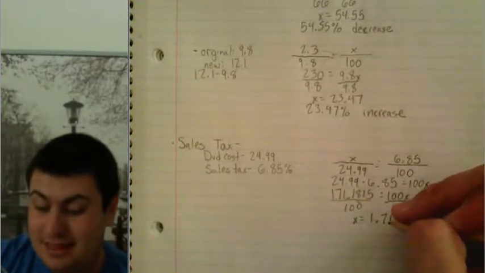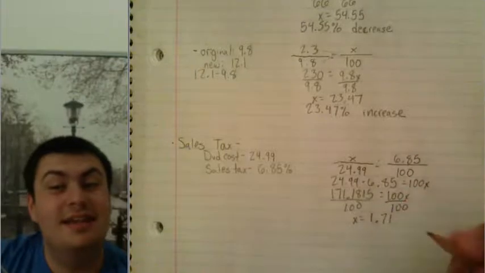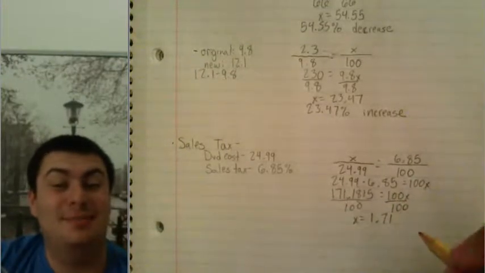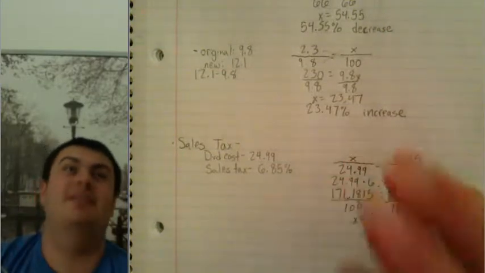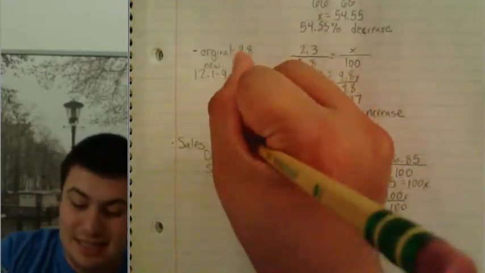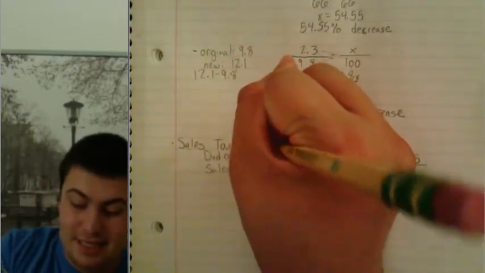Now, that's not our final cost. Keep in mind that that's the amount that the price changes, or the price goes up. So think of a sales tax. If we have a price and then a sales tax, this is going to be a percent increase.